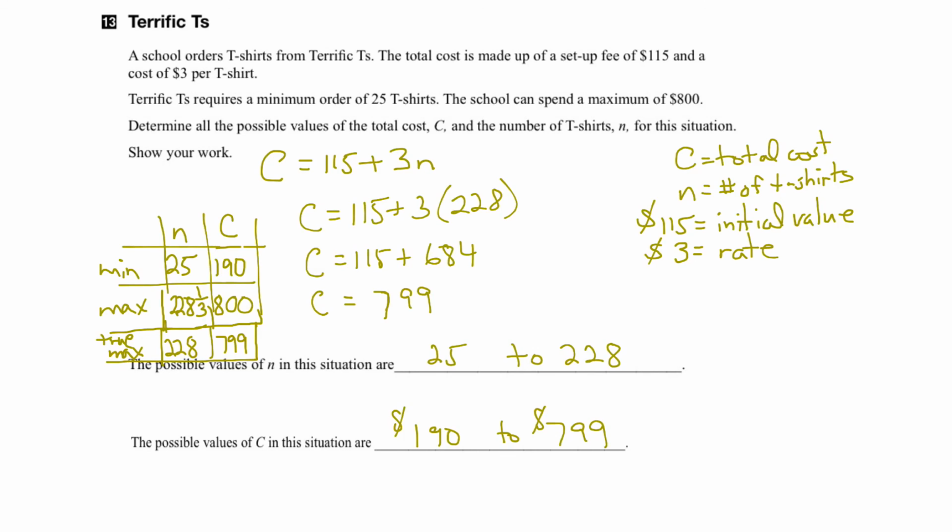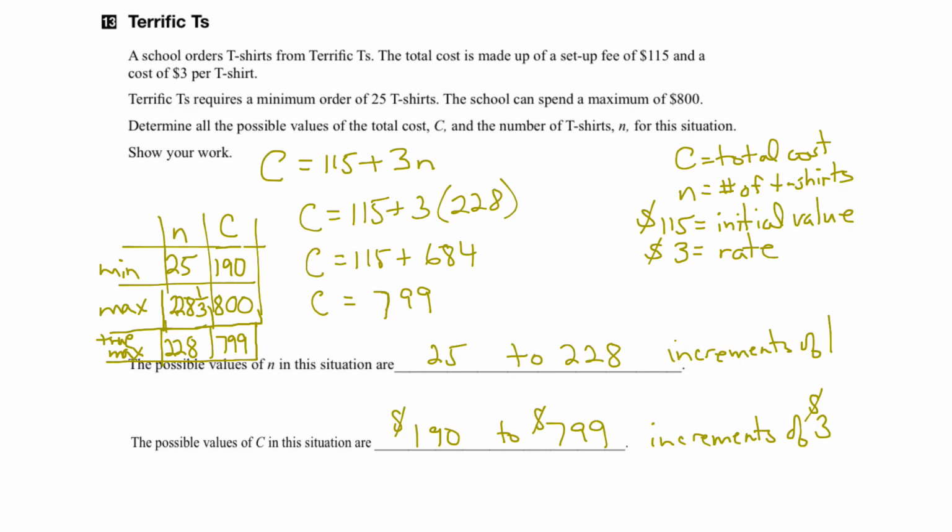Now we need to qualify this a bit. For the possible values of n, 25 to 228, that is in increments of 1 t-shirt. Whereas for the possible values of C, the dollars, this is in increments of $3.